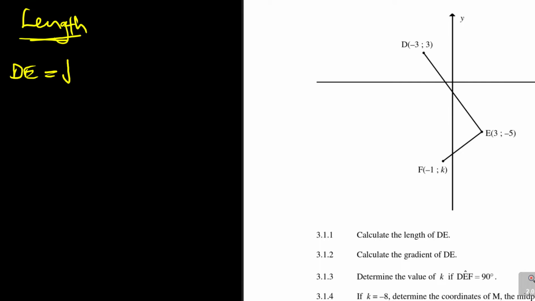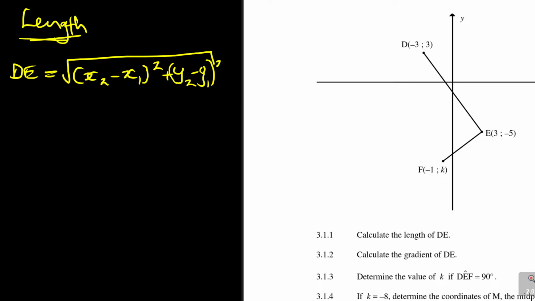It is equal to the square root of x2 minus x1, squared, plus y2 minus y1, squared. Everything must be inside the square root. So what you have is something like this.